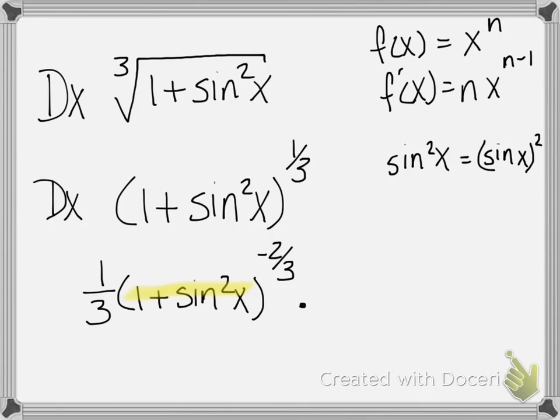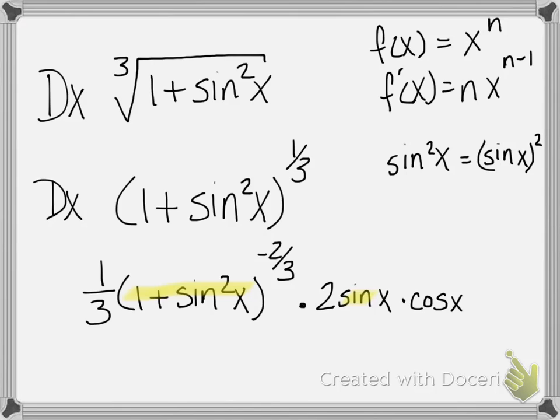And so once again, you just do the power rule. So that is going to be 2 sine of x times the derivative of what's inside, which is sine, and the derivative of sine is cosine x.